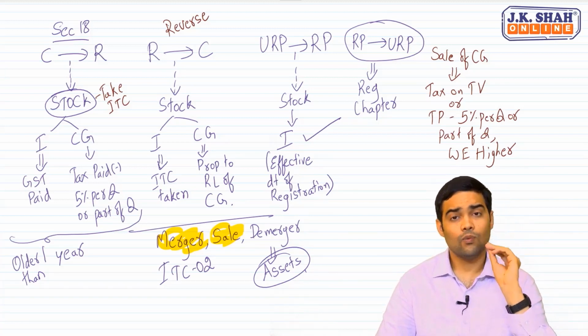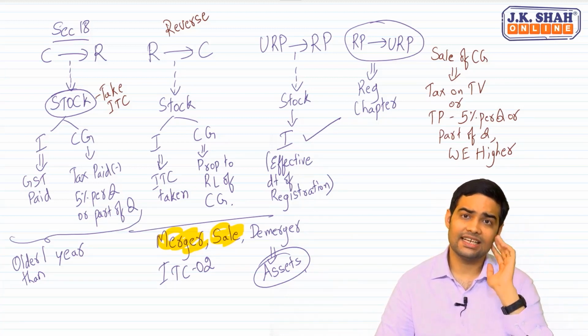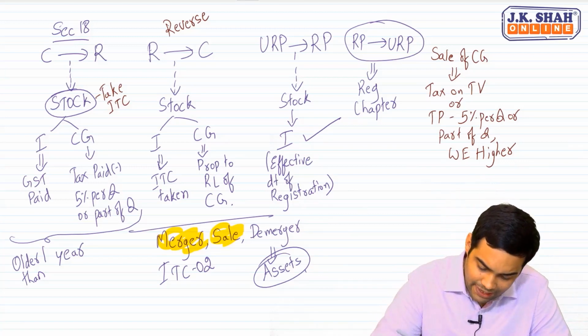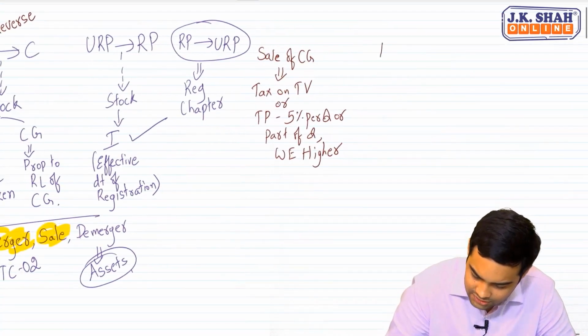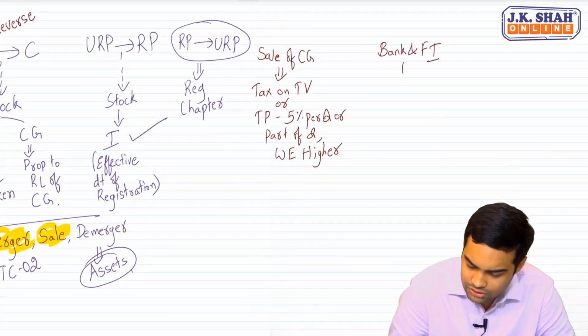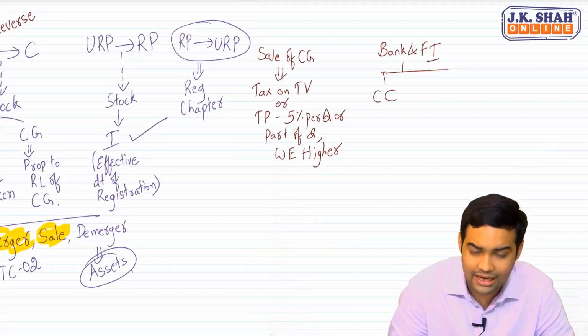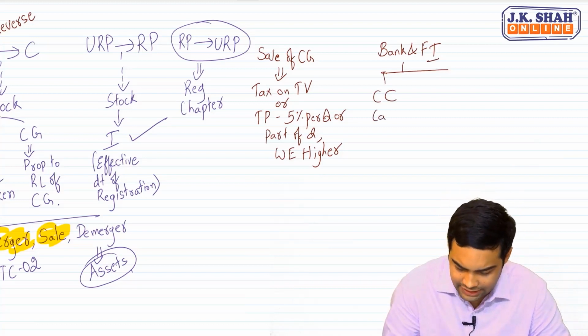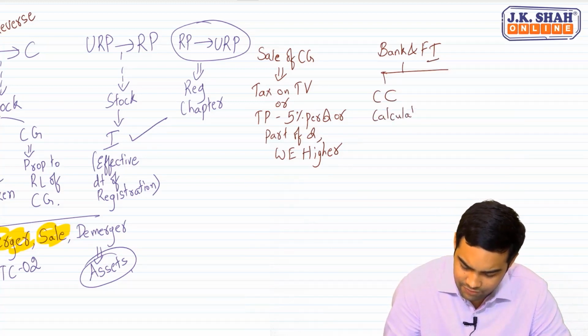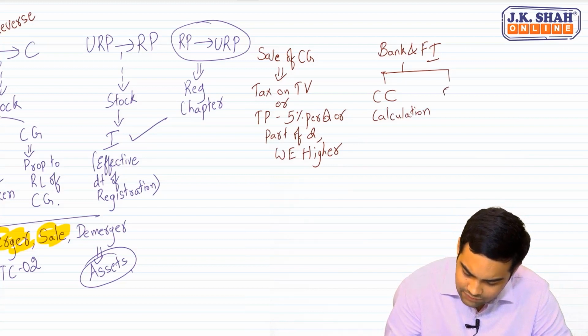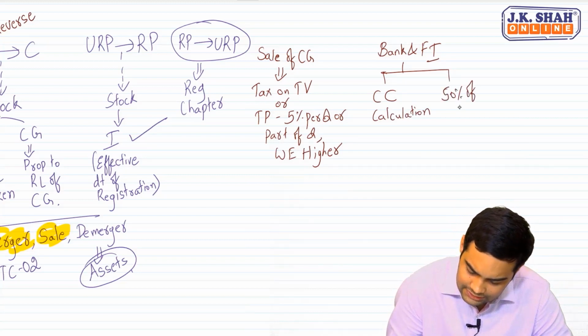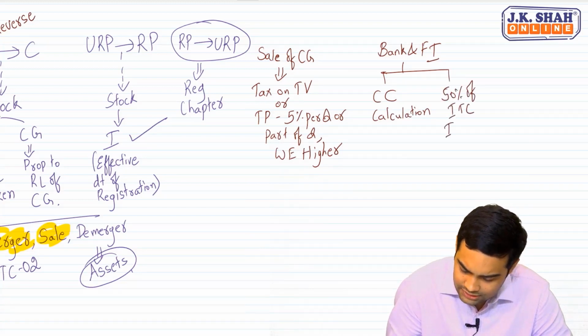Now, one special provision which is there in section 17 in case of banks and financial institutions. They have two options. One, they can follow that reversal of common credit calculations, that is E by F, or they can reverse 50% of ITC on inputs, capital goods and input services.